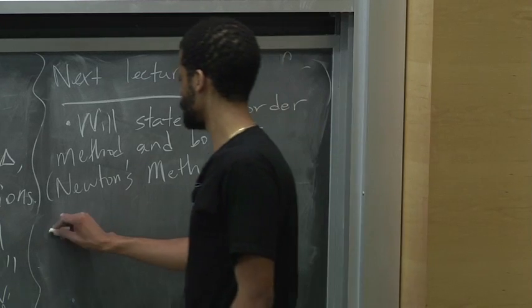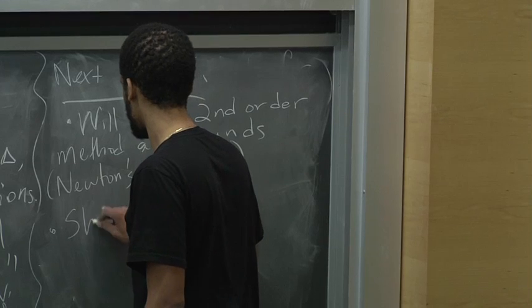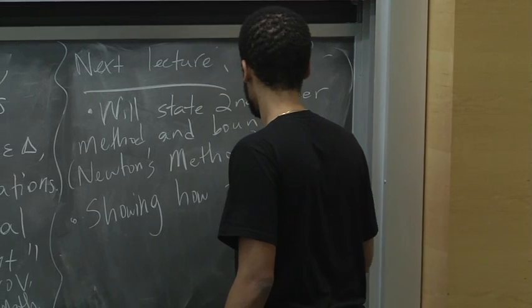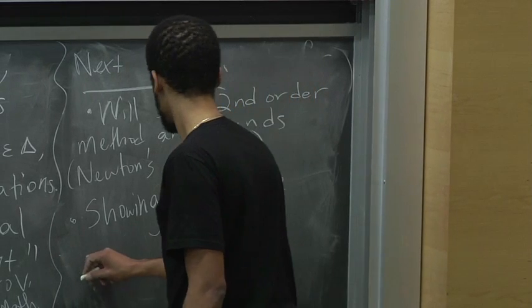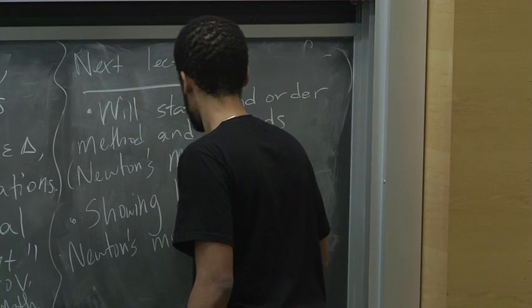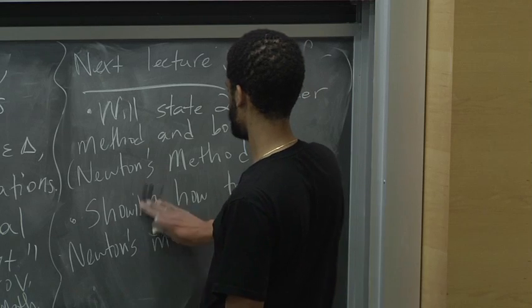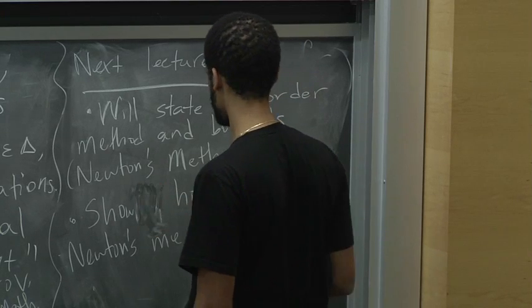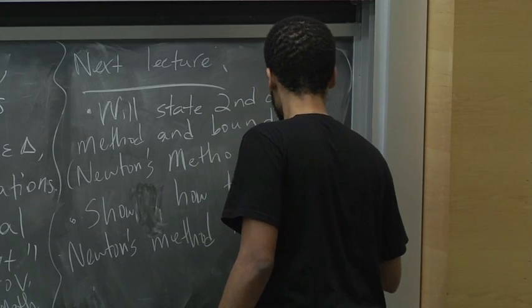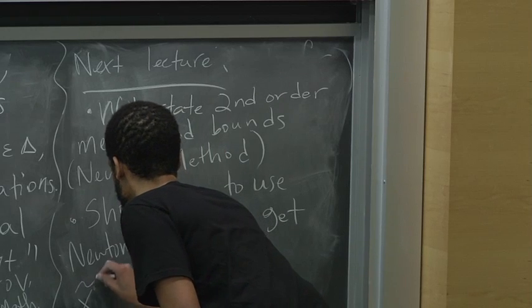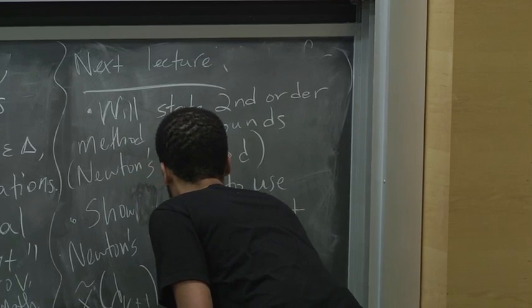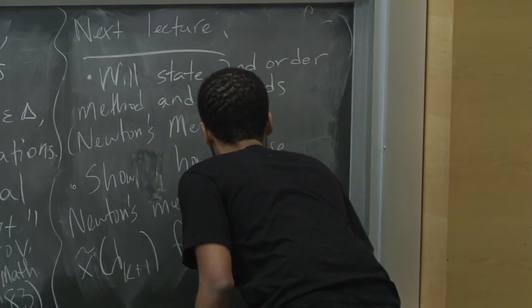And then we'll finish off by showing how to use Newton's method to get an x tilde lambda k plus 1 from x tilde lambda k.